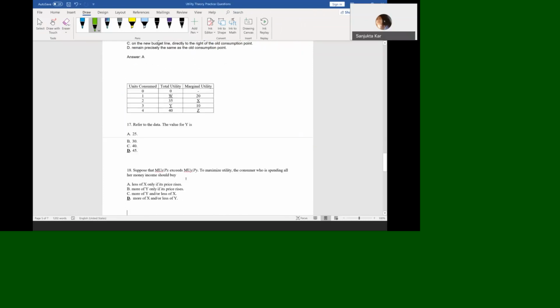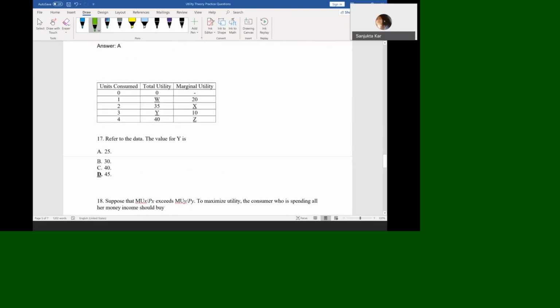I really want to do question number 17, but I want to solve all of these W, X, Y, and Z's. How do you solve each of them? This is one of the questions which you might see. I know the definition of marginal utility is change in total utility over the change in units consumed.